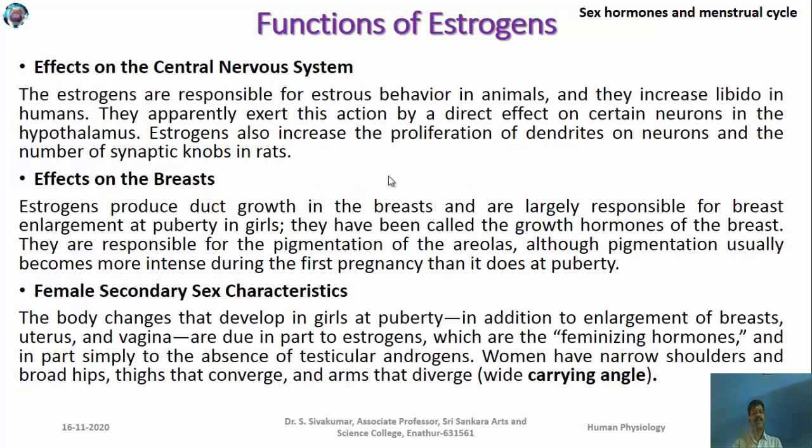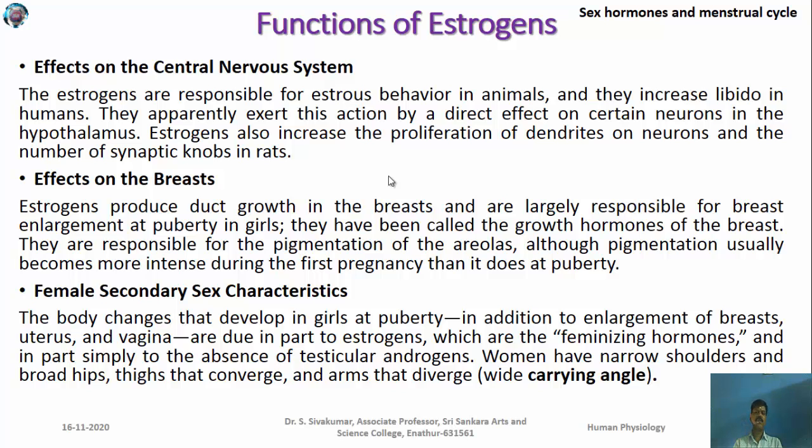Then it also has an effect on the central nervous system, on stress behavior in animals, and increases libido in humans. Just as two different poles attract each other, female and male have attraction. This attraction is produced by stimulation of the nervous system by this estrogen hormone.